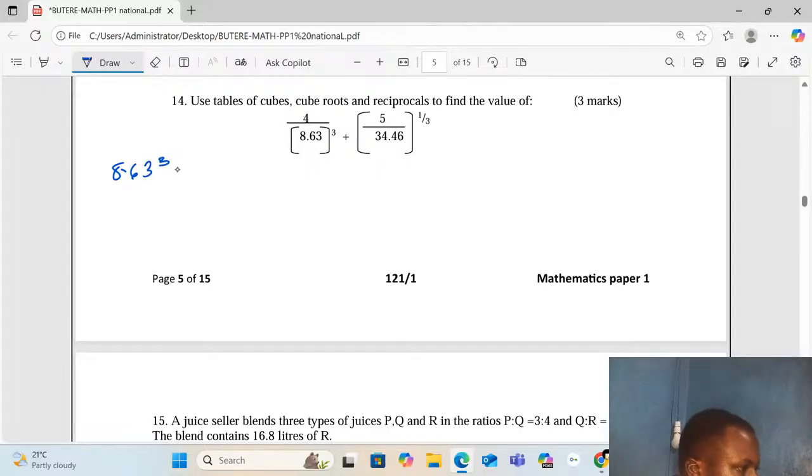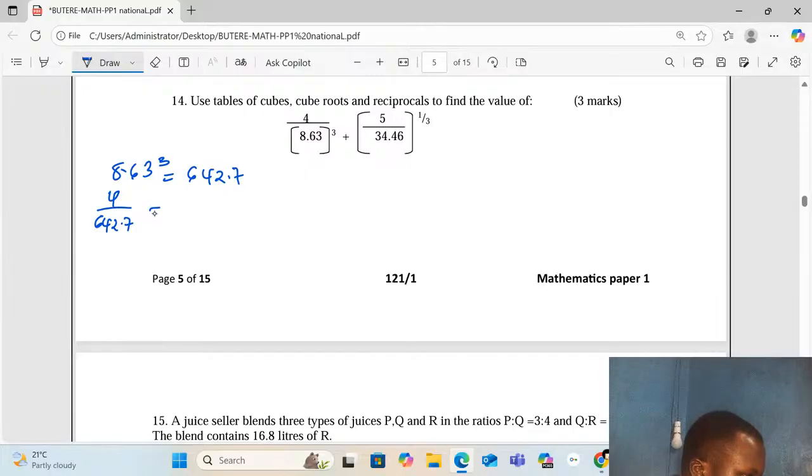From our tables, 8.63 cubed will give you 642.7. Then we have 4 over 642.7.